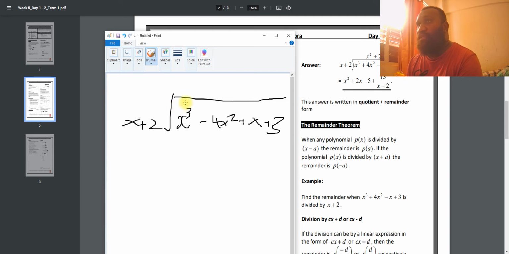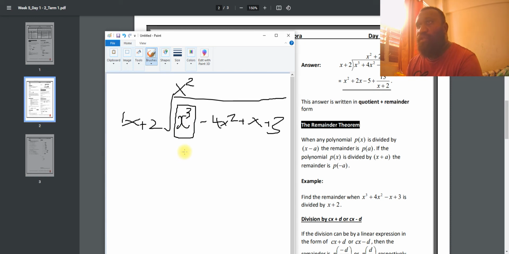Now how do you divide? Okay, this is how you divide. Firstly, you look at the first term here, and then you ask, what do you multiply with x to give me x cubed? So I multiply with x squared. X squared times x gives me x cubed.